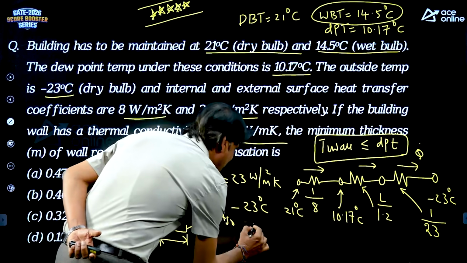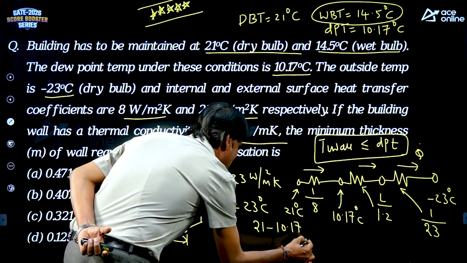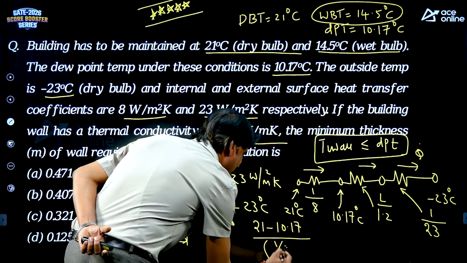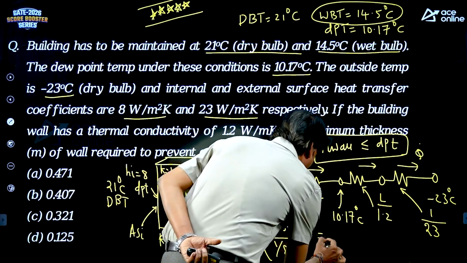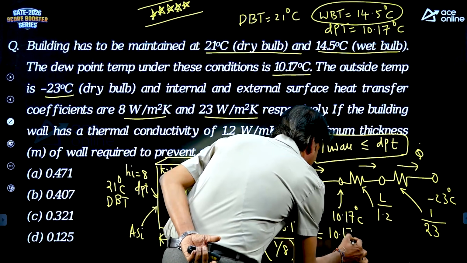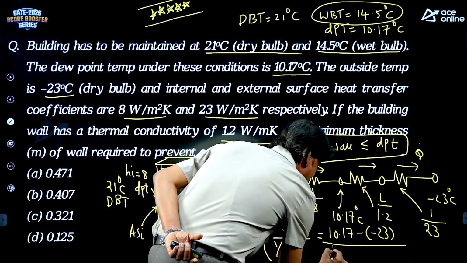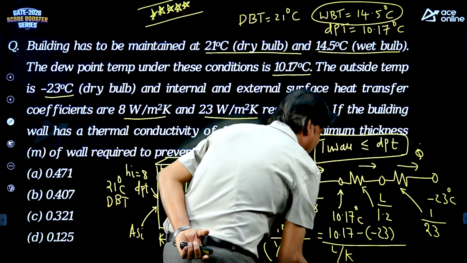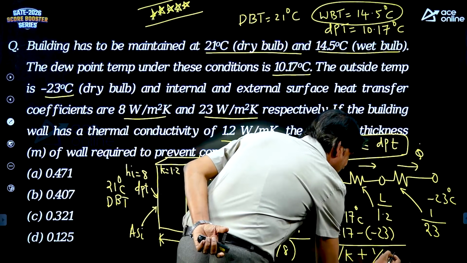So, I will write it as (21 minus 10.17) divided by 1 by 8. This should be equal to (10.17 minus of minus 23) divided by (L by K plus 1 by 23).